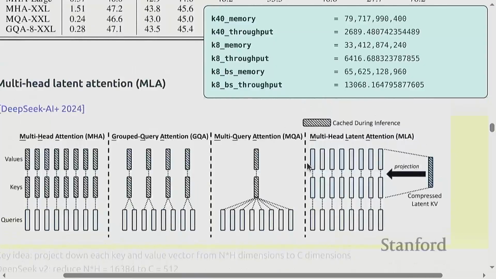So the basic idea is, here's full attention, and GQA says I'm going to use fewer keys and values. MLA says I'm not going to change the number of keys and values. I'm going to project these into a lower dimensional space. So it's another way of shrinking the KV size, but in a different dimension.